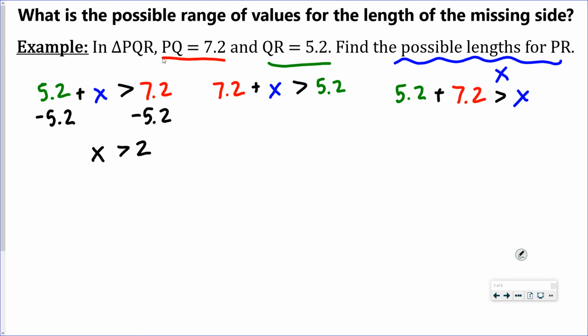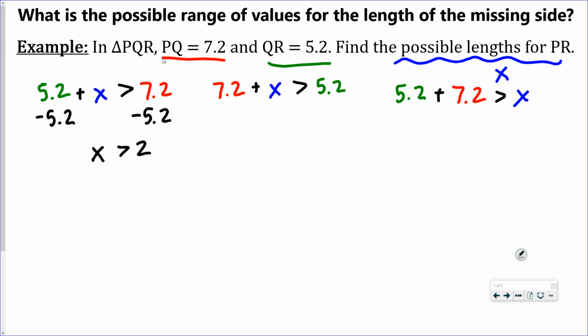Yes, flip the sign. When it's positive or negative, something like that. It's either when you're dividing or multiplying by a negative number. Anytime you multiply or divide by a negative number, you have to flip the symbol. Remember that? Oh, good times.